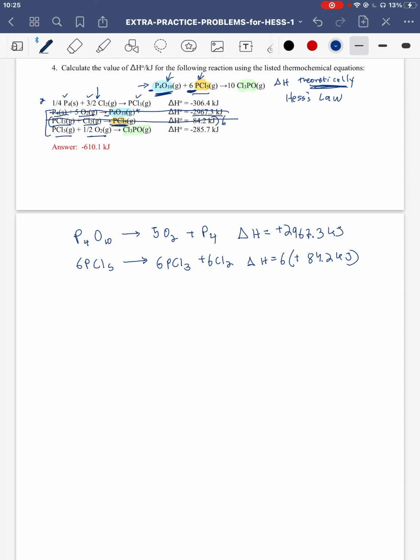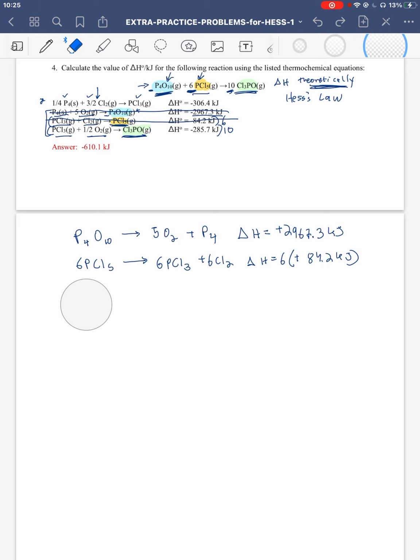I want to keep things neat. Down here on the bottom, I see that Cl3PO is in the correct spot, so that looks good. I'm going to multiply everything by 10 because I need to get this coefficient. I don't need to flip any signs though. So PCl3, let me write it.